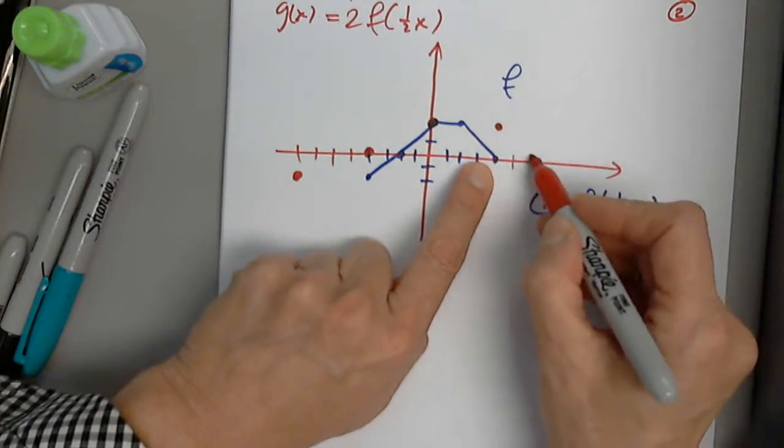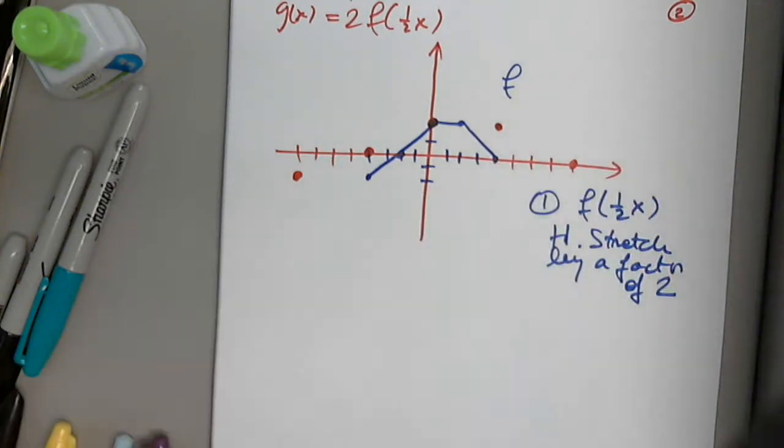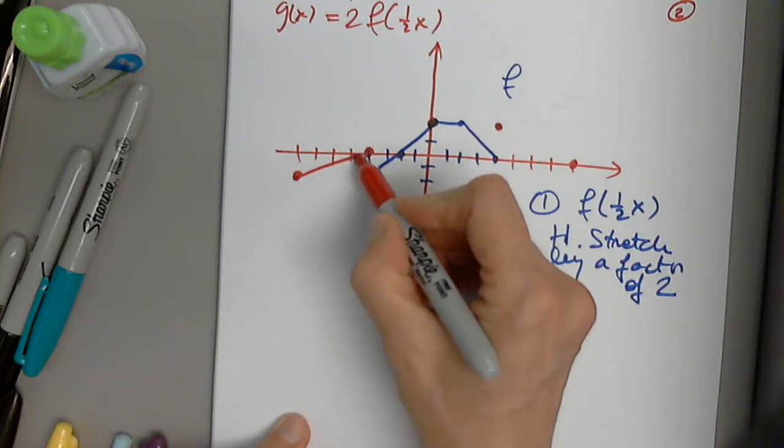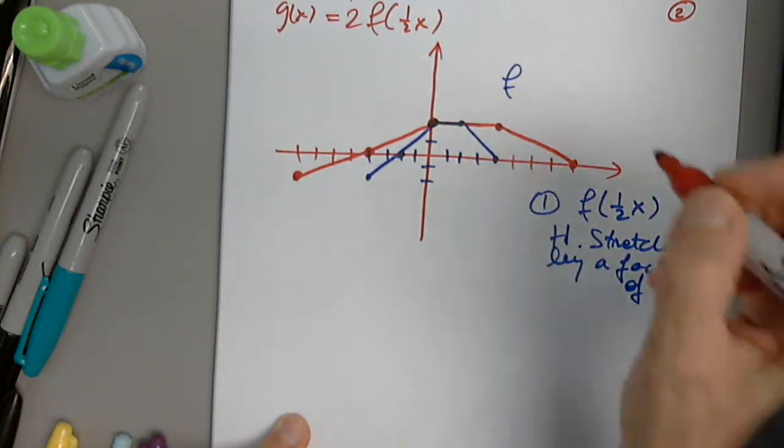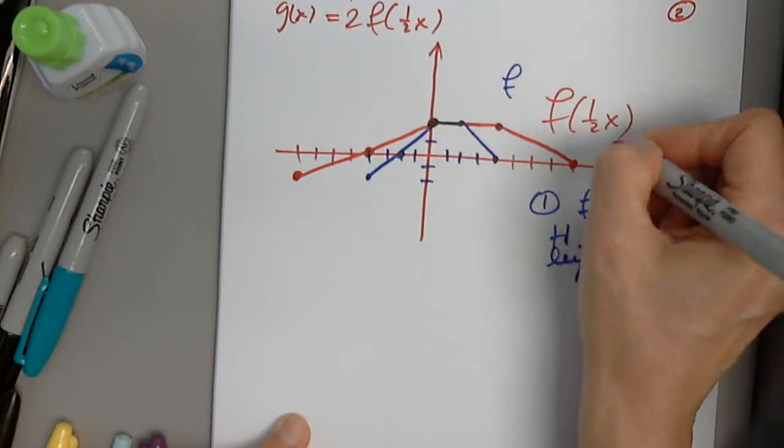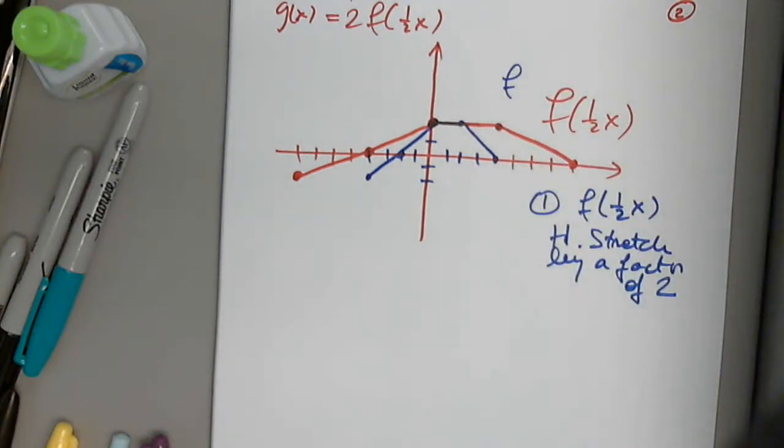Where will it go? So this is the graph of f of 1/2 x. When we change x into 1/2 x, we stretch the graph by a factor of 2. All y coordinates stay the same, but the x coordinate changes. It doubles.